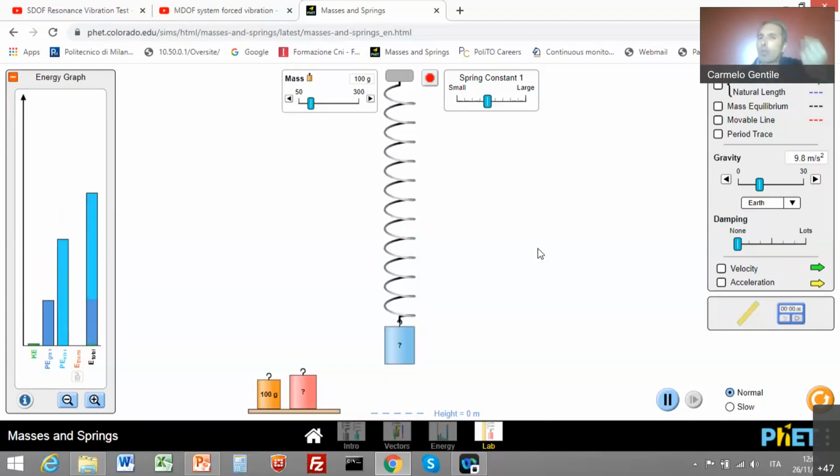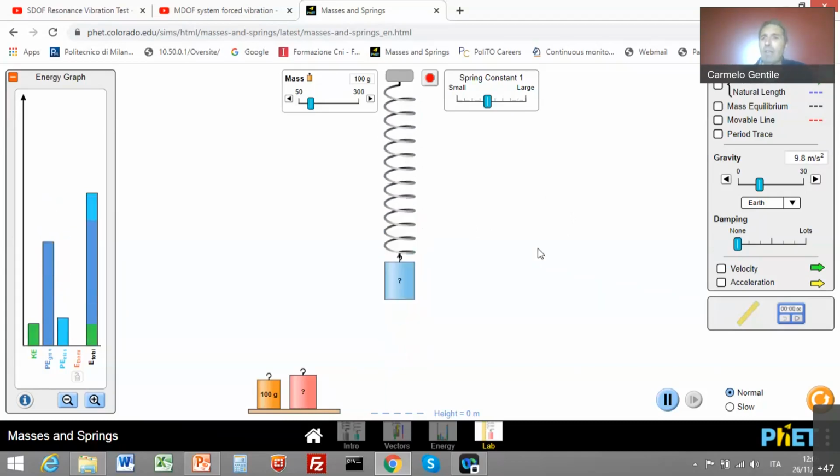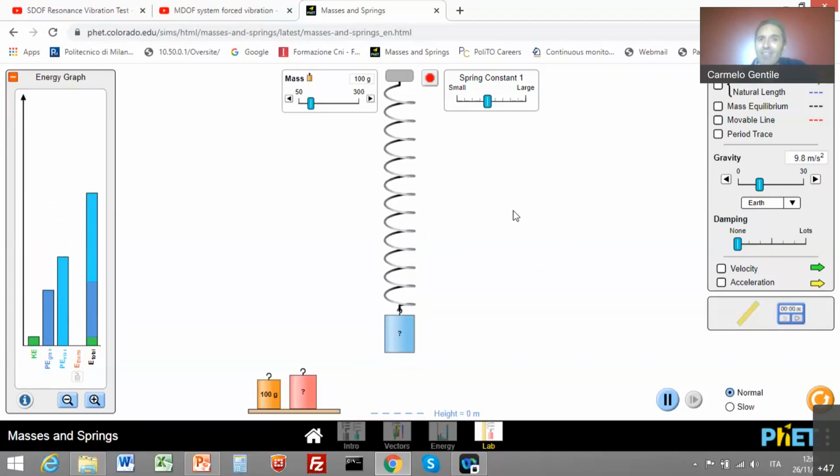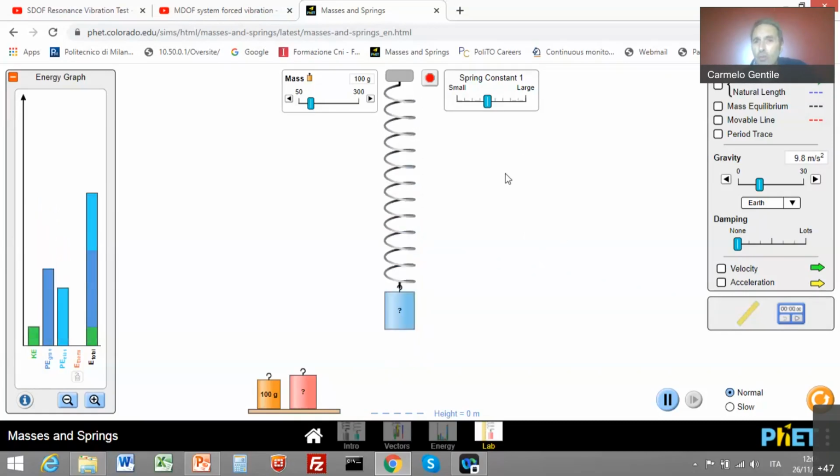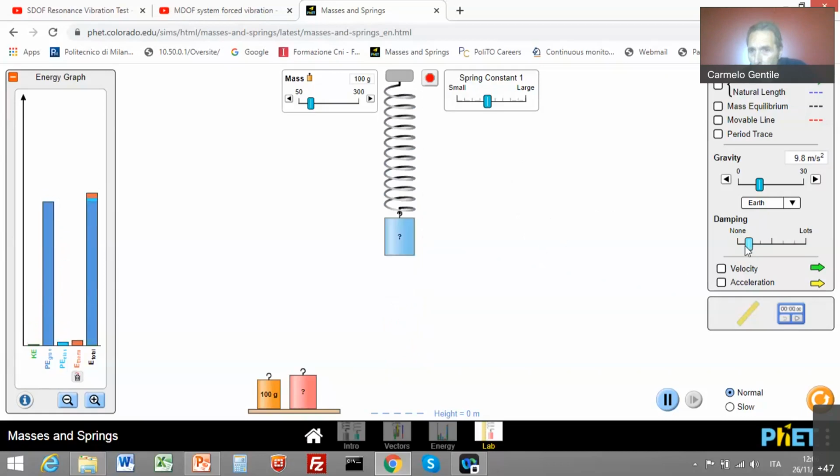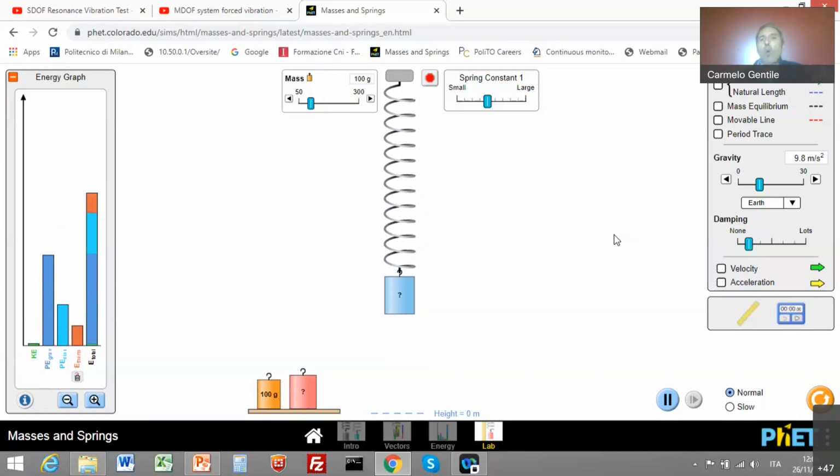Of course, in real systems, in real buildings, we have a dissipation of energy. And so it is not possible that this motion continues indefinitely. And in fact, now I'm going to increase the damping. When we increase the damping, you can observe what happens.